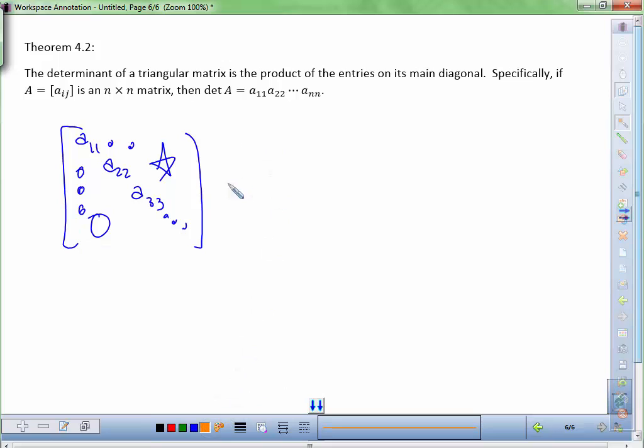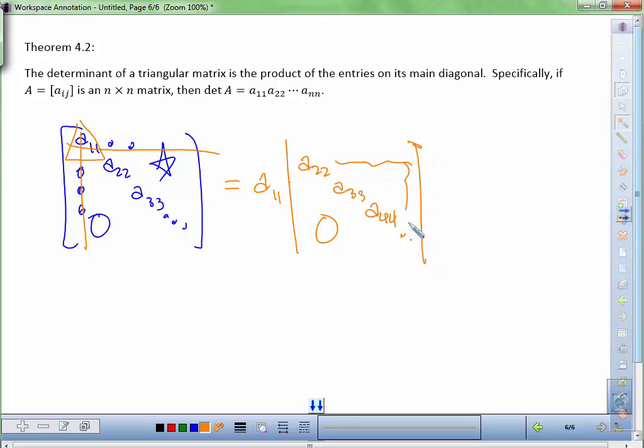When we do that, we're going to say A11 times the determinant of a submatrix that we get when we cross this stuff out. So this would be A22, A33, A44, dot, dot, dot, zeros here, and some other stuff that may or may not be zero in the upper part, plus a bunch of zeros, because we would have expanded there.